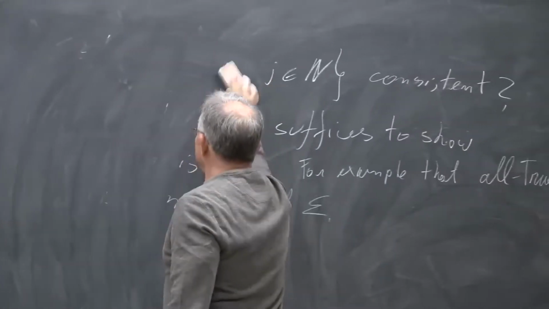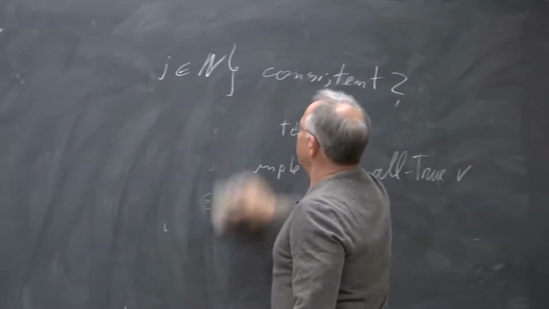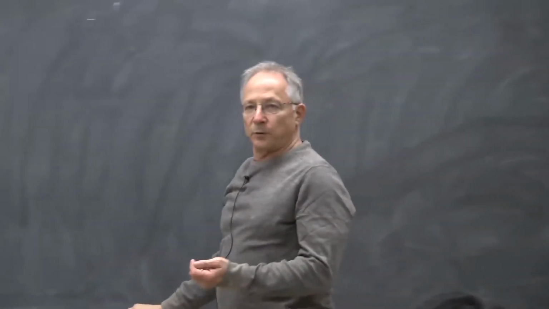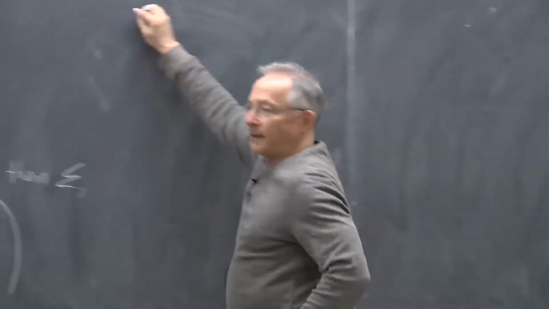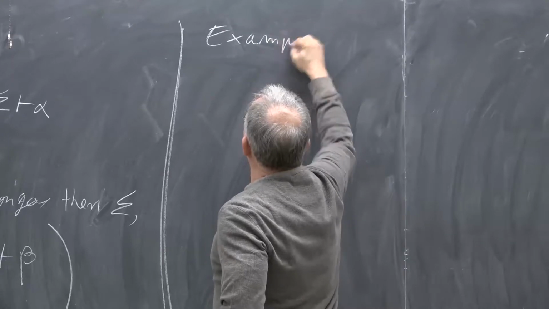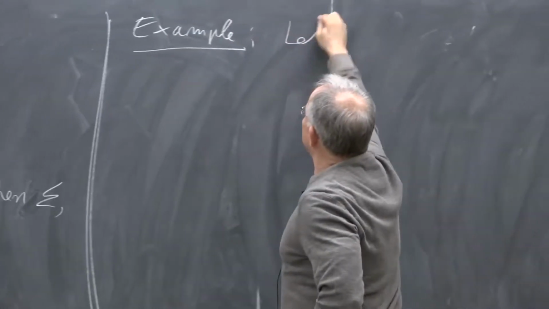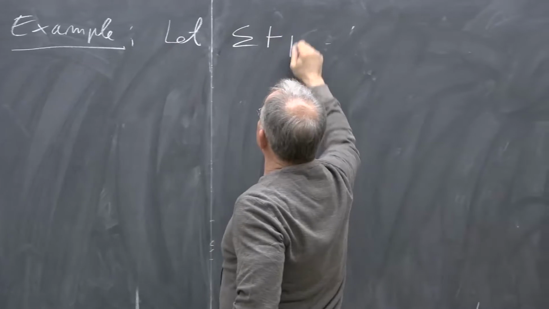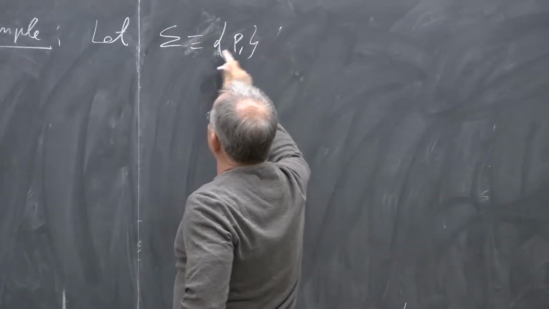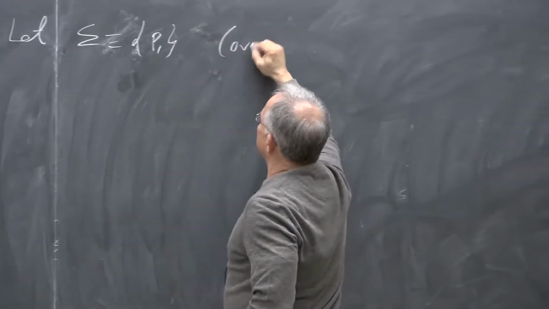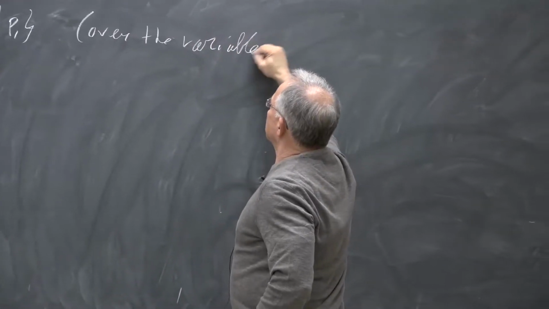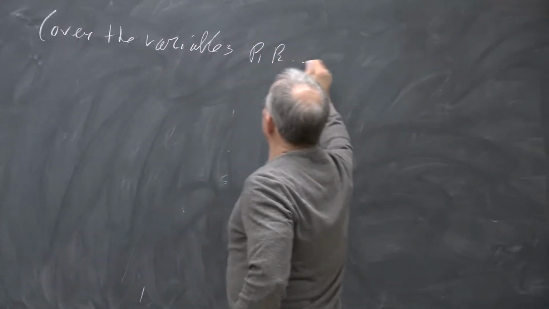Okay, so can we show an example of a sigma which is consistent but not maximally consistent? Just to note that this can really be the case. So here is an example. Let sigma be just P1, over the variables P1, P2, and so on.